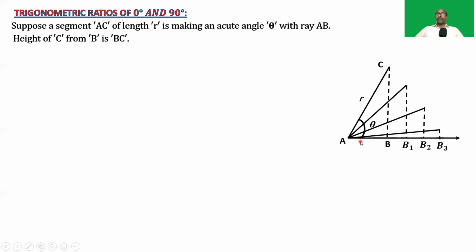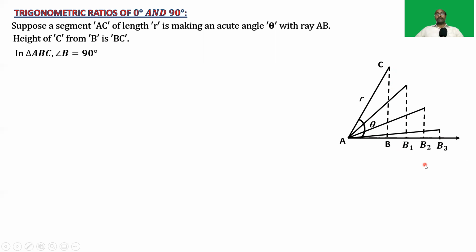In this way, as AC leans on AB, theta decreases gradually and becomes 0 when AC is fully laid down on AB. Then the distance AC is equal to AB and BC becomes 0.